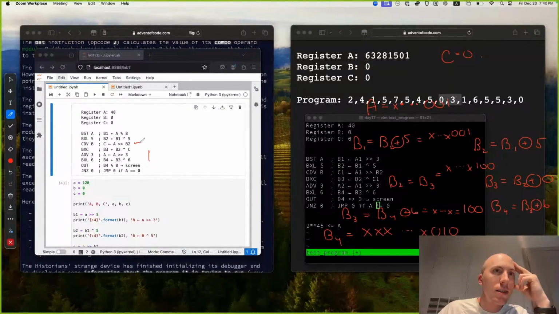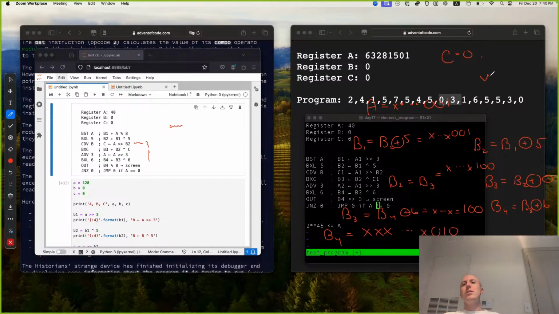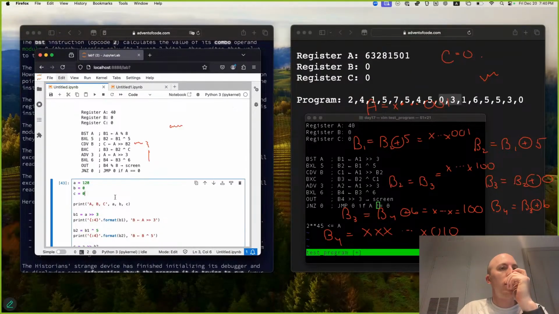This is the thing that picks us up, though, because A is this big number that encodes all the values that we want to print out, and we shift it over by B2. Okay, maybe that's a good place to stop, because we did verify that if A just ends in that thing, then we're good.